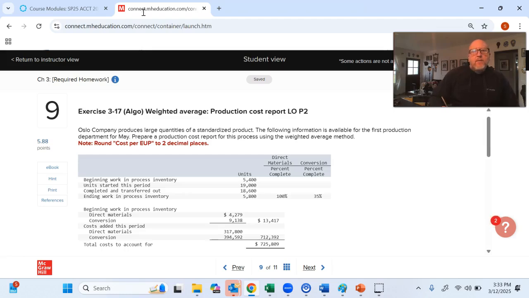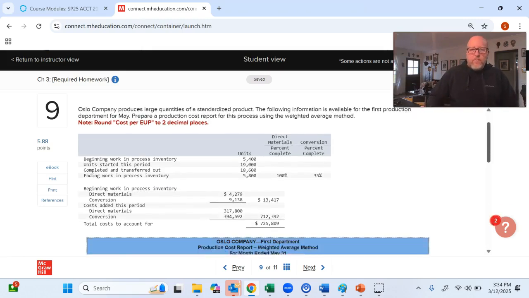In this particular instance, we have some units that were sitting on the production floor on January 1st. We then put into production 19,000 units, and then we completed 18,600, and we still have another 5,800 to complete. Then we have a bunch of costs that we've also incurred, right?